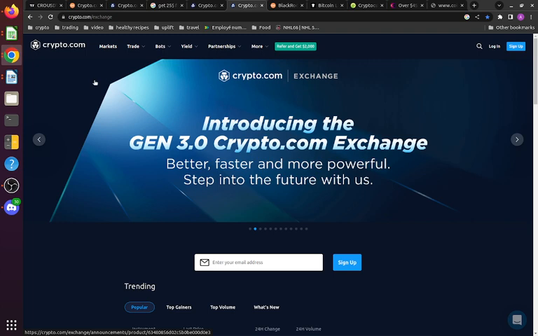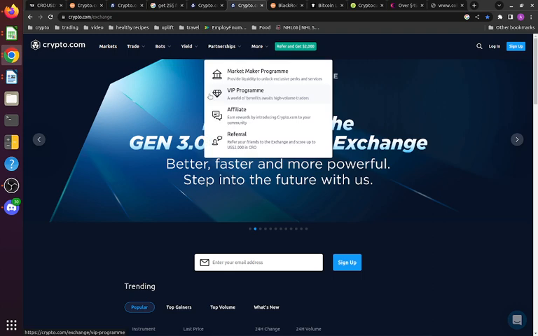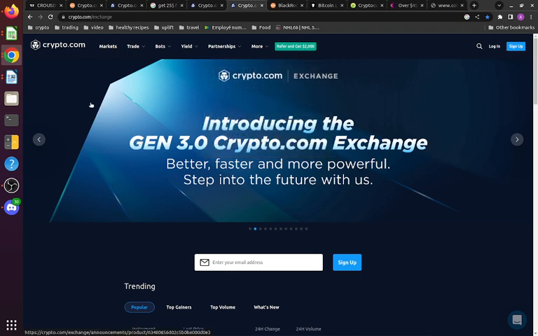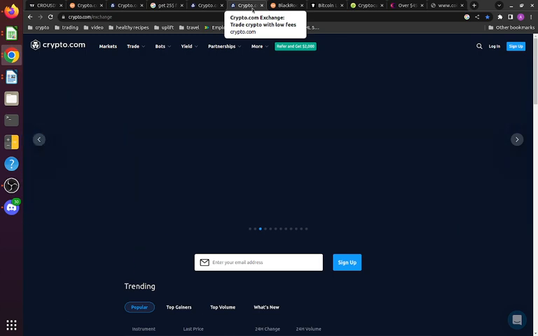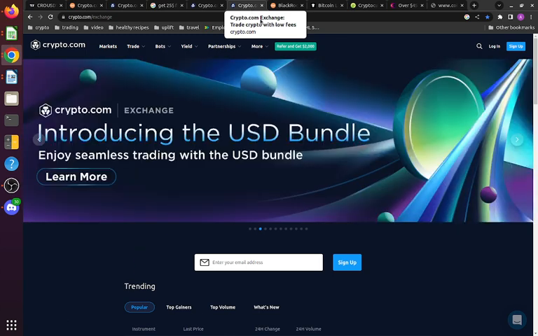With the Crypto.com app, you can only buy spot, and you cannot make any orders. You just buy on the spot. With the exchange, you can actually put in orders and sell stop limit or a sell limit, so that's the main difference.